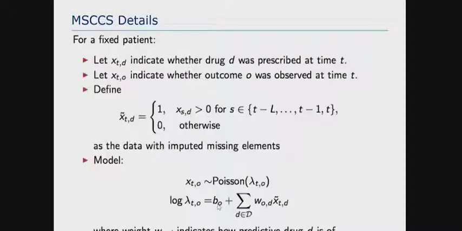And the trick is we say that every patient has a different baseline risk for this outcome O. That's the b_o shown here. And so if we take that into account, which it turns out you can do computationally efficiently, all of a sudden that partially adjusts for a lot of confounders, measured or unmeasured, and gives you some pretty good results on this task.